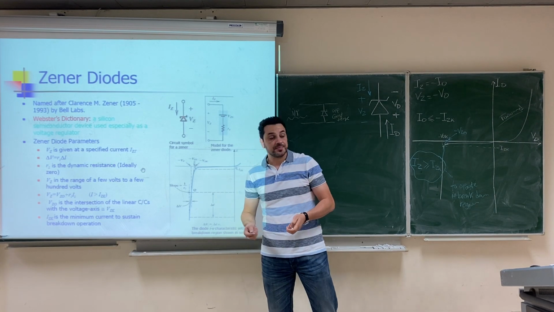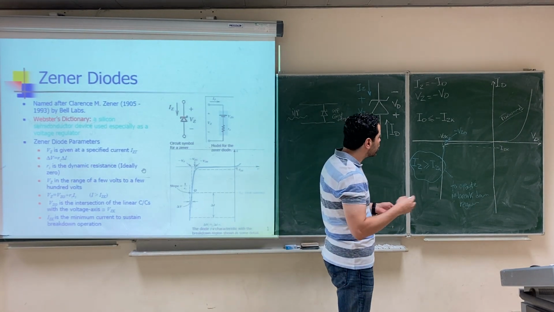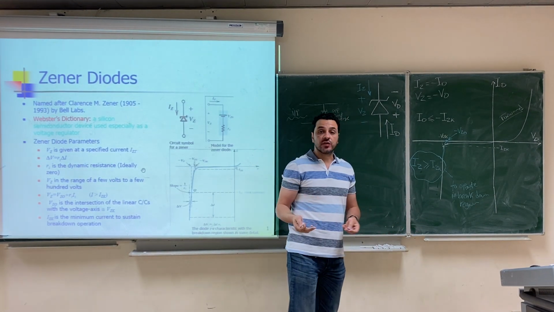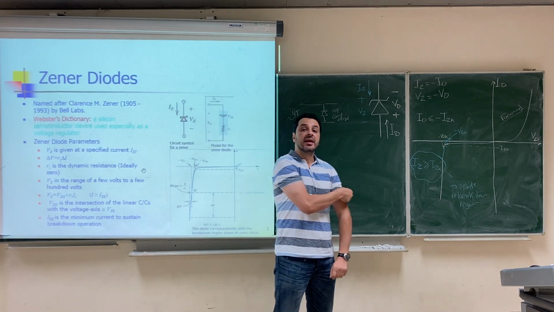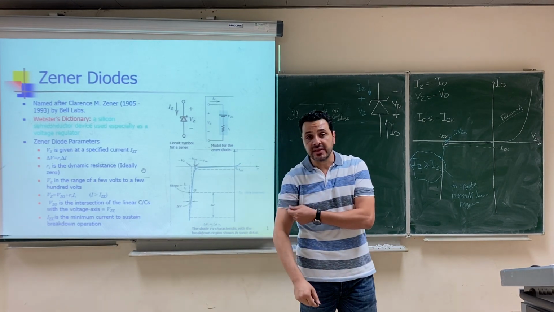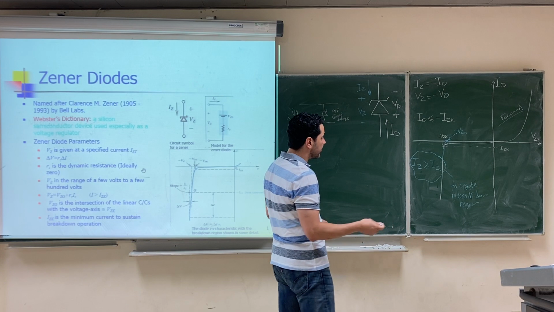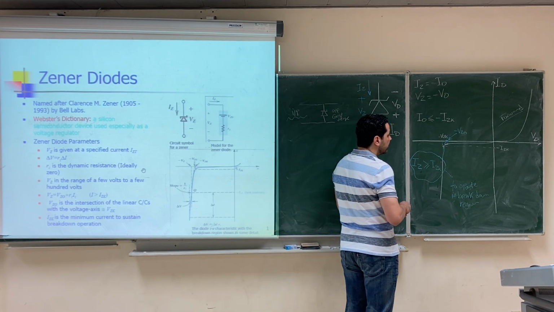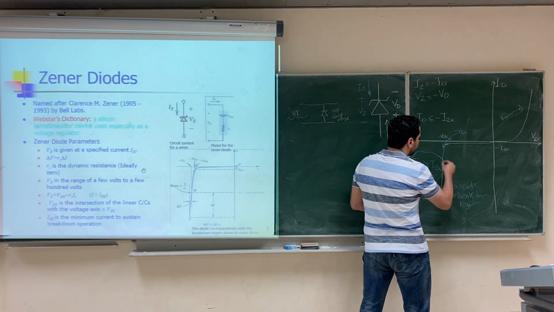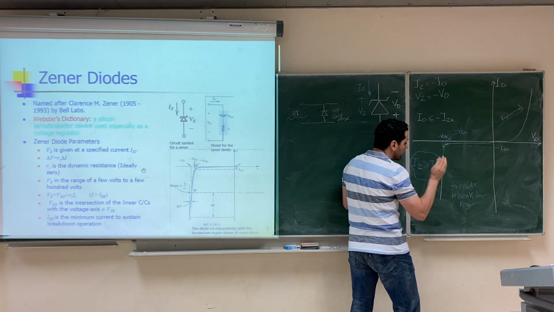Another point is that usually the data sheet of the Zener diode contains a test point. Test point means that they do a test for the Zener diode and they measure the voltage and the current in the breakdown region at a certain point.